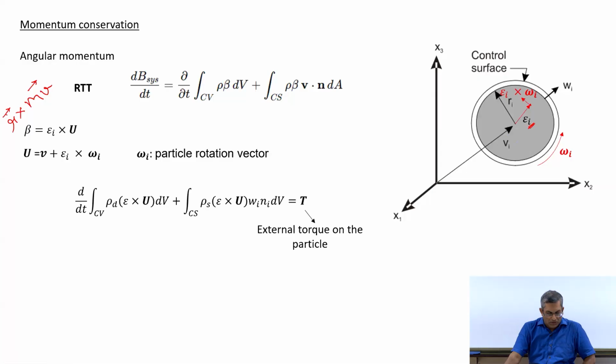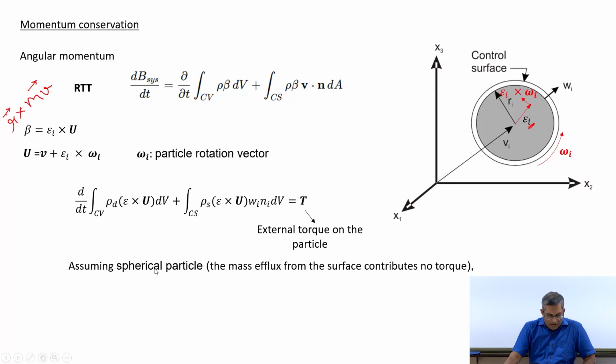Okay. Then if we assume a spherical particle, we can show that the mass flux from the surface due to evaporation does not contribute to torque. So, without going into the detail of the derivation, what we get is this simple expression.